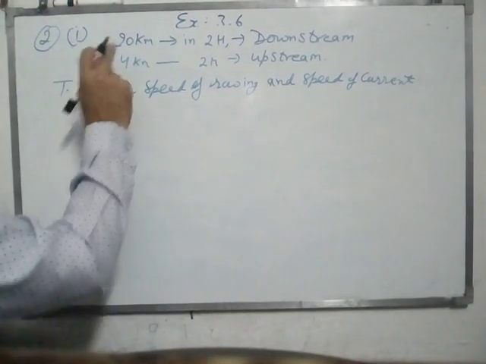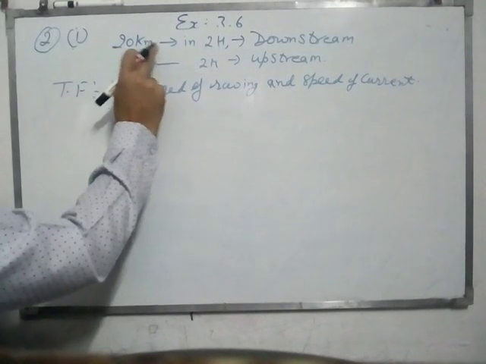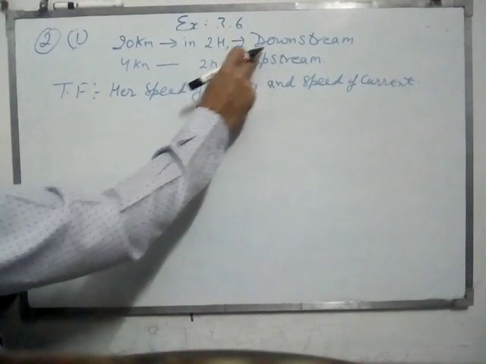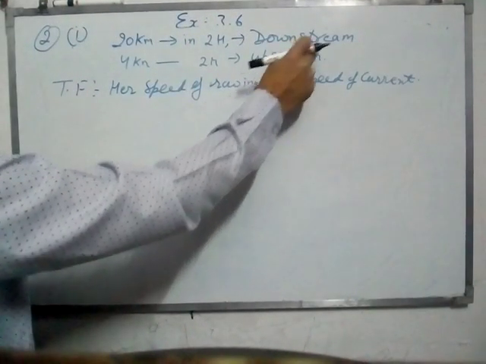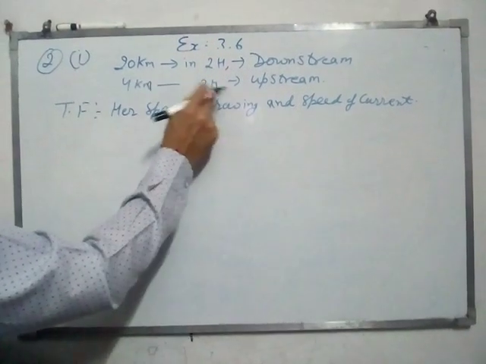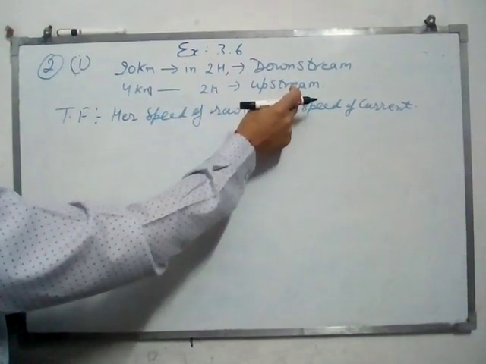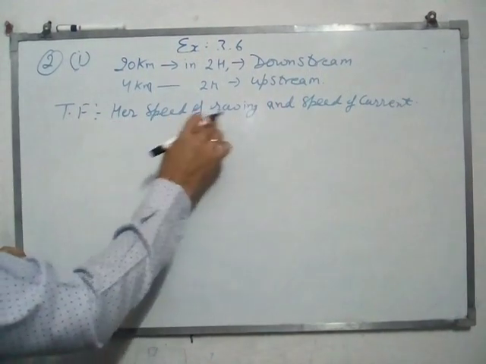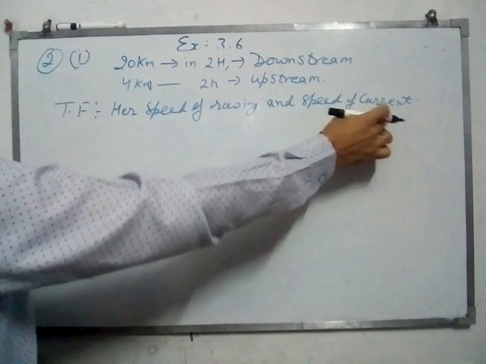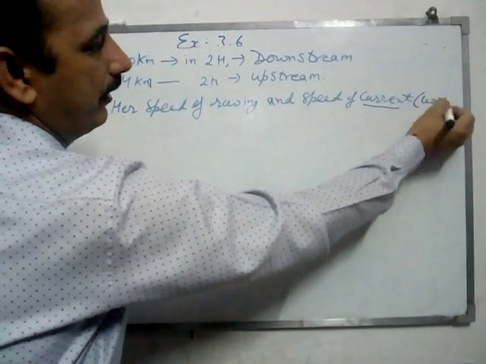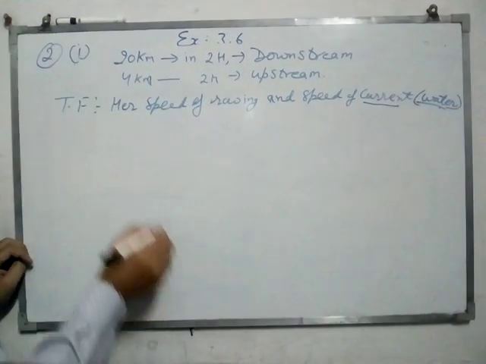So Ritu can move 20 kilometers in 2 hours when she moves down the stream, with the stream, and 4 kilometers in 2 hours upstream, when she is rowing up the stream. So we want to find the speed of her rowing and the speed of current. Current means speed of water. Right? Current means speed of water.